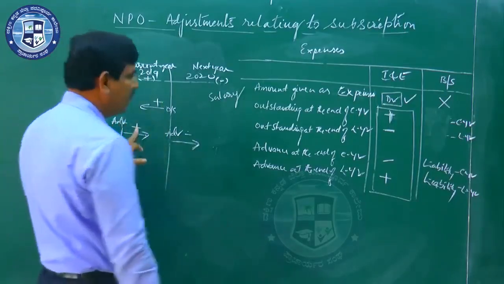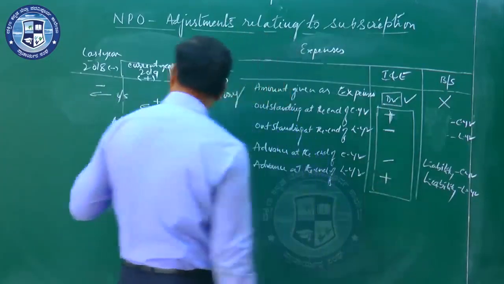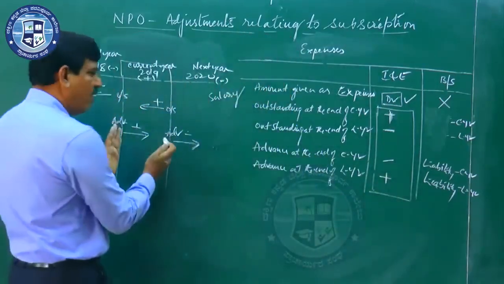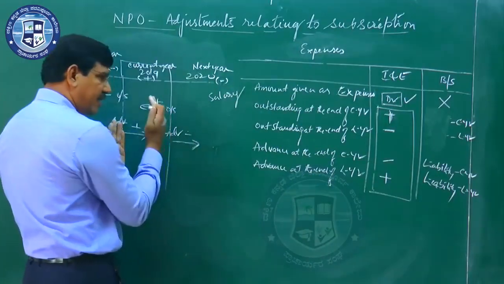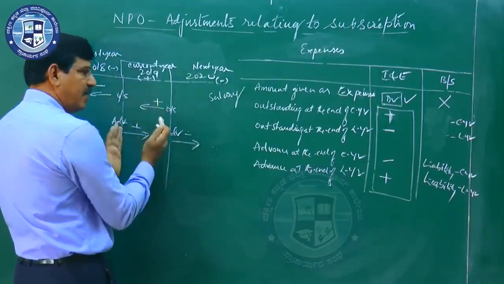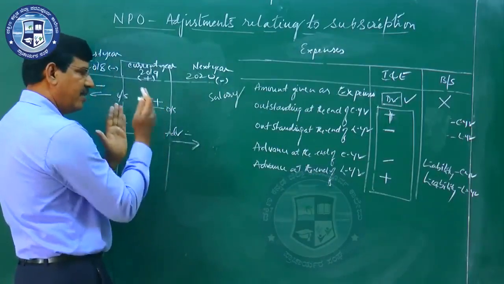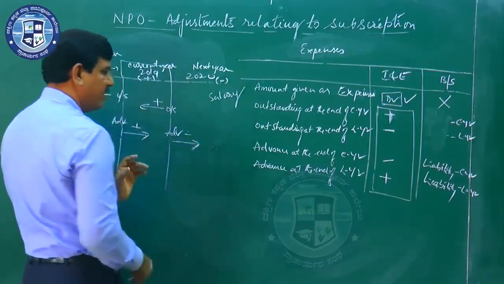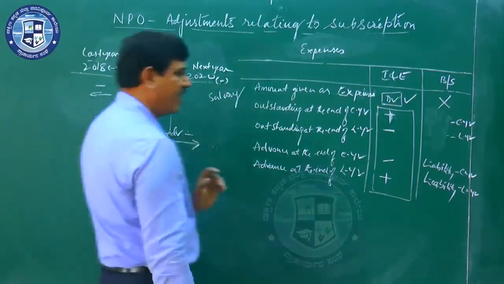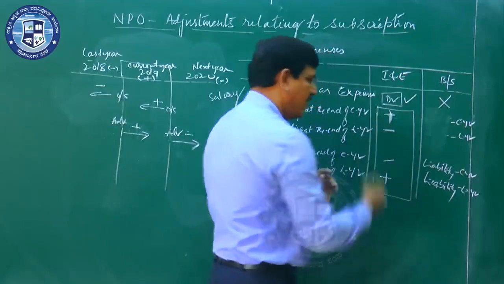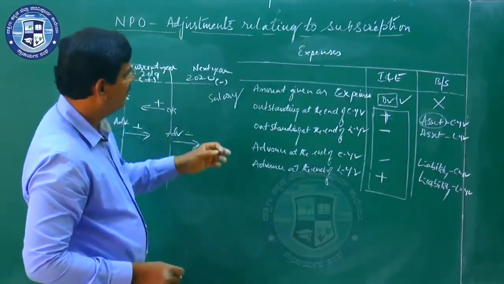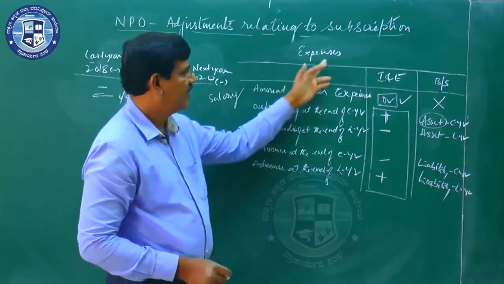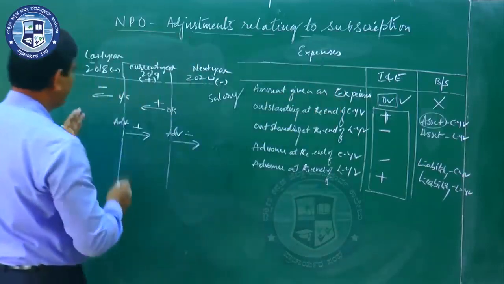That's why you have to add. And any advances found at the end of current year, it is not related to that year in which it is received. It is relating to the next year. That's why it has to be subtracted. So this is minus. Now let's look at the treatment of these expenses in the balance sheet.